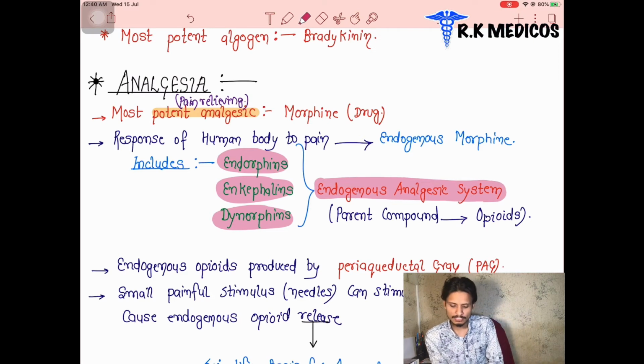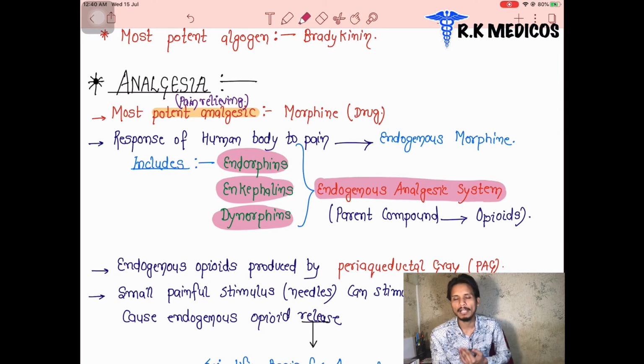Exogenous analgesics, such as morphine, are taken from outside the body. The endogenous morphine-like substances are enkephalins, endorphins, and dynorphins.